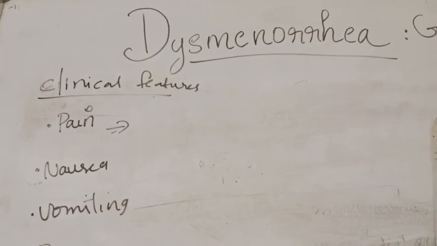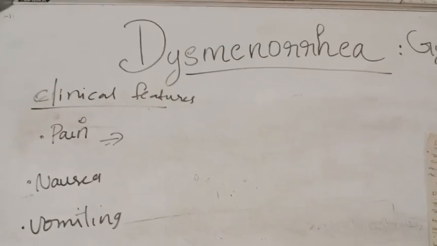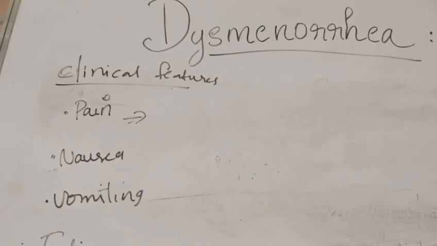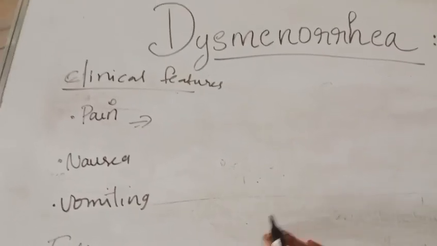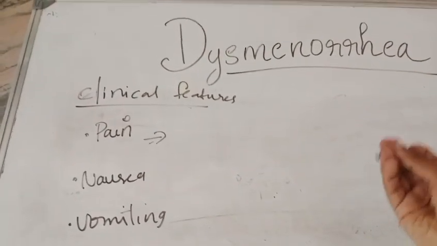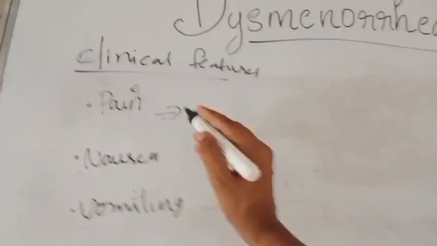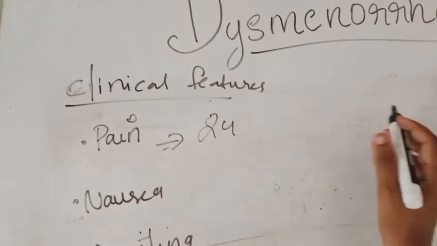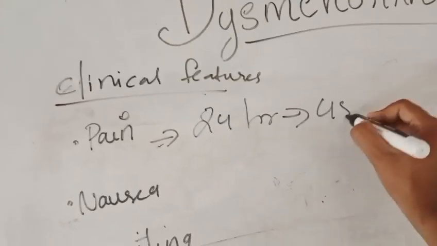Clinical features of dysmenorrhea. In the beginning, I mentioned that dysmenorrhea means painful menstruation. So the most prominent clinical feature is pain. The pain usually begins a few hours before menstruation or after the onset of menstruation. It lasts a few hours or up to 24 hours, and it may persist up to what? 48 hours.